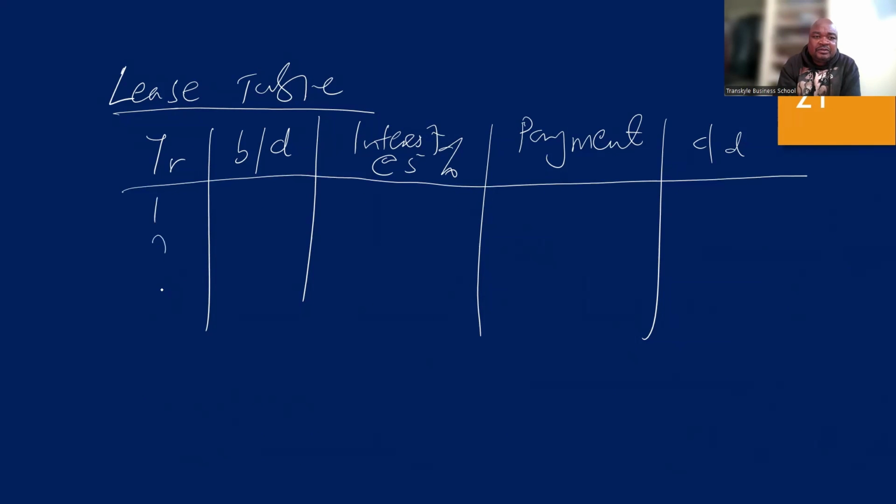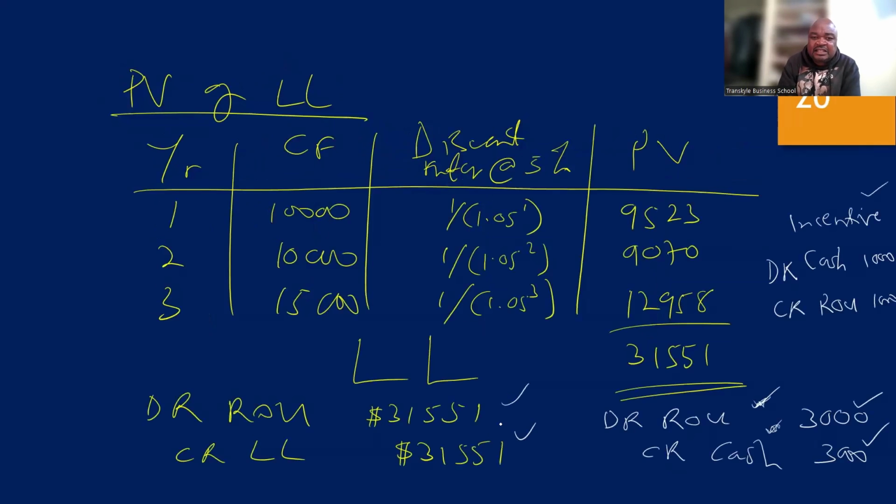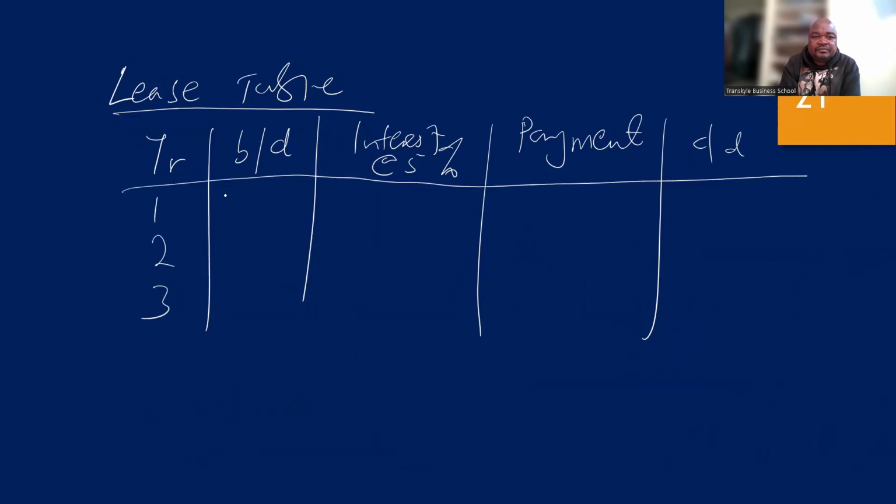Year 1, year 2, year 3. So the balance brought forward is the lease liability figure which we initially calculated, and that's 31,551. Then we subject this to 5%.